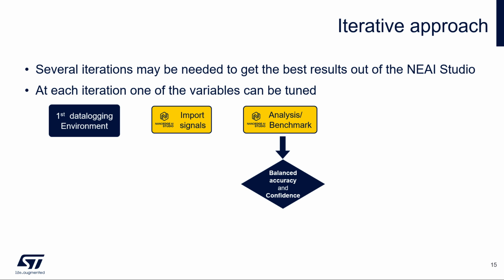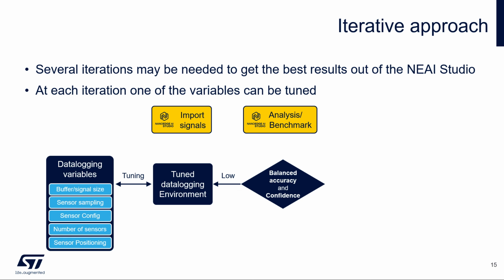If the first data logging environment does not produce any solution with a sufficient balanced accuracy and confidence, even after several hours of processing all combinations, then the data logging environment must be tuned by adapting the variables identified previously, log new data, and iterate the process.